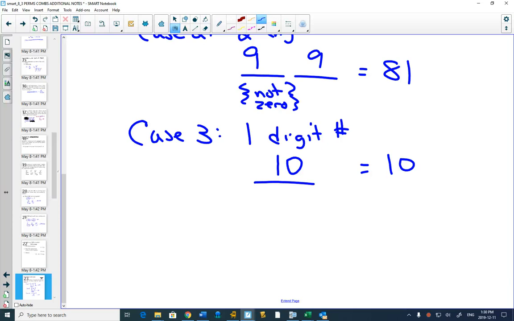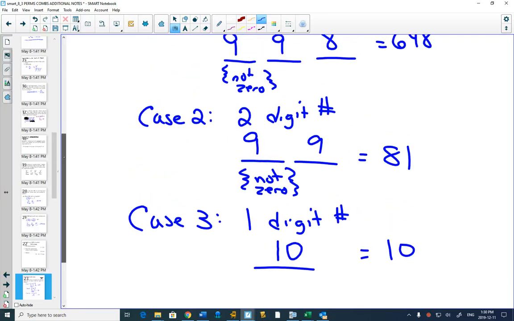And then with a cases question, if you've counted things separately, there's no overlap in any of them, then your total is just what happens when you add them all up.